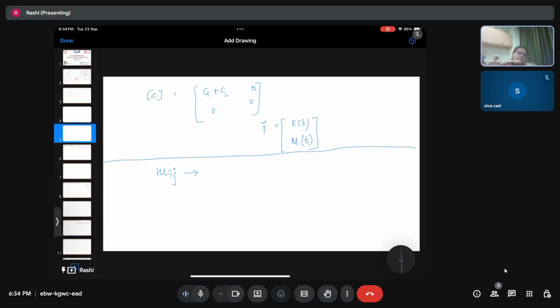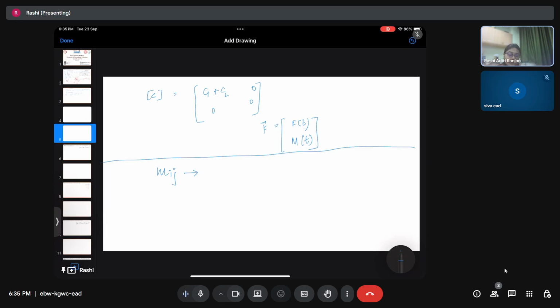What are I and J over here? I is the first trailer and J is the compound pendulum. Simple. I and J are two components. I and J depend upon the number of degrees of freedom that we have. For a 2 cross 2 system, I varies from 1 to 2 and J varies from 1 to 2.